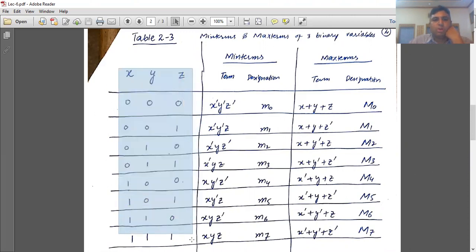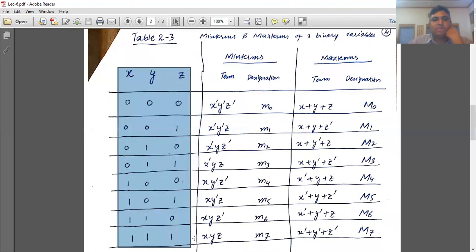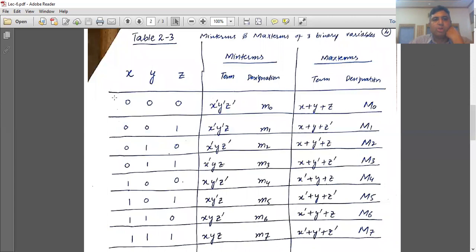First of all, you have seen here three variables x, y, and z, and there are eight possible combinations of x, y, and z. I already told you how to write the combinations. These are 000, binary 0, binary 1, binary 2, binary 3, binary 4, binary 5, binary 6, and binary 7.